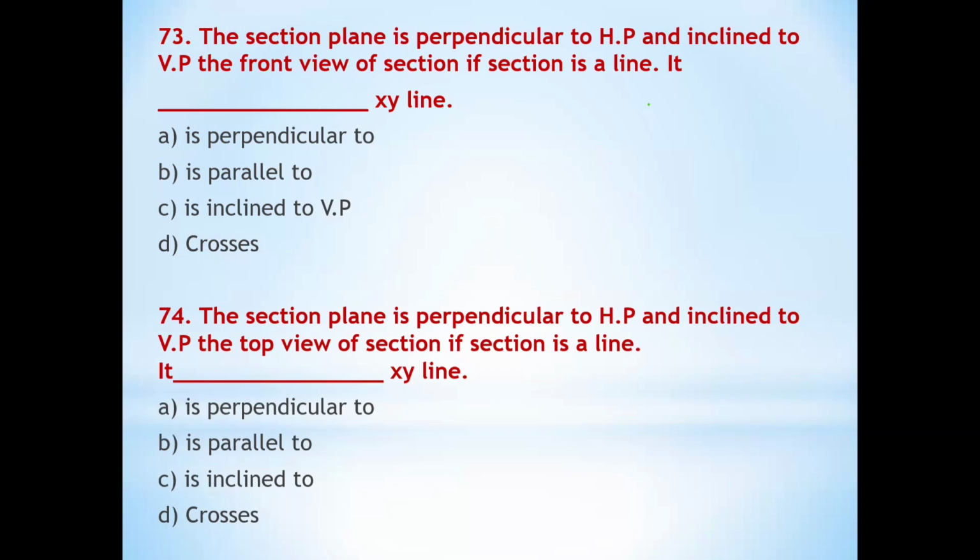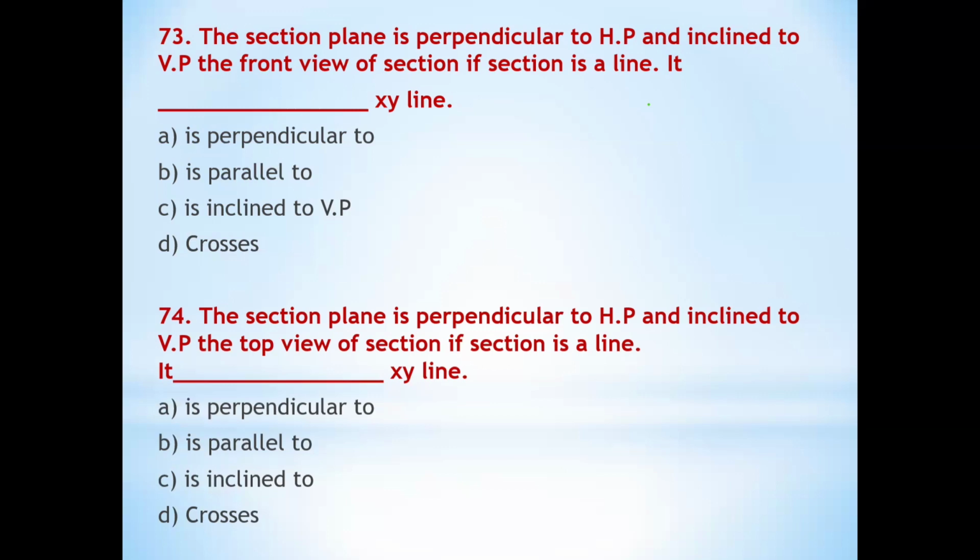If the section plane or the cutting plane is perpendicular to the HP and inclined to the VP, then its top view will be a line. Here they have mentioned the section is a line, then how will its front view be?